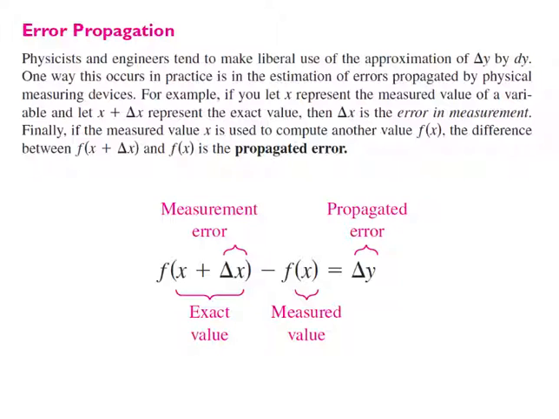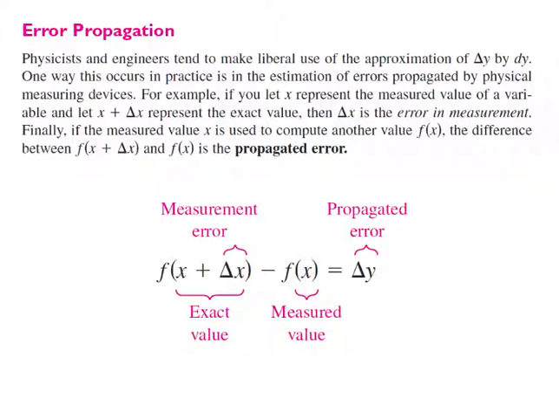For example, if you let x represent the measured value of a variable, and let x plus delta x represent the exact value, then delta x is the error in measurement. Finally, if the measured value x is used to compute another value f of x, the difference between f of x plus delta x and f of x is the propagated error.